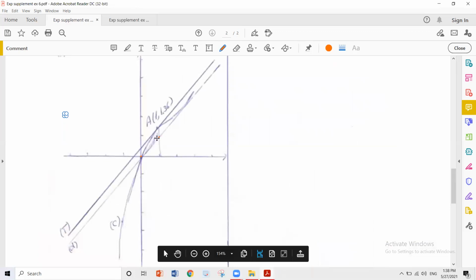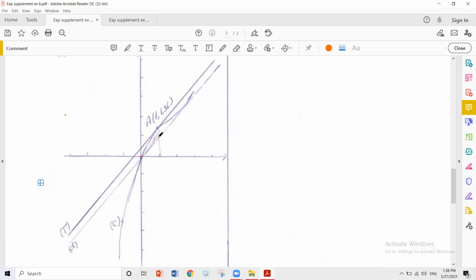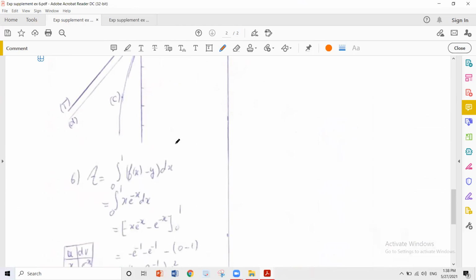The area between the curve and the line is the integral from 0 to 1 of f(x) minus y_D. It remains the integral from 0 to 1 of x e^(-x).